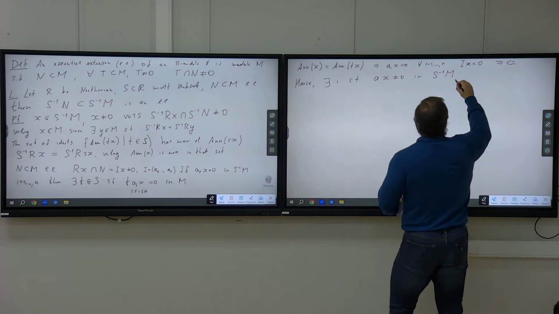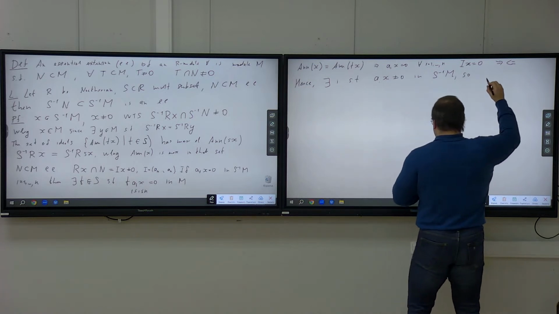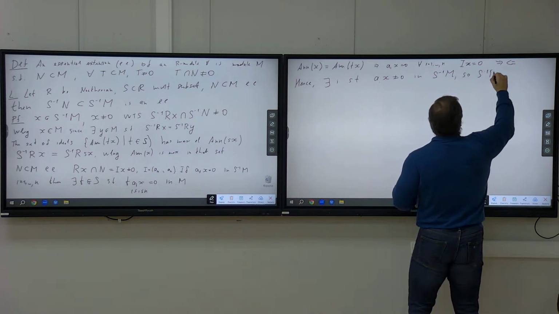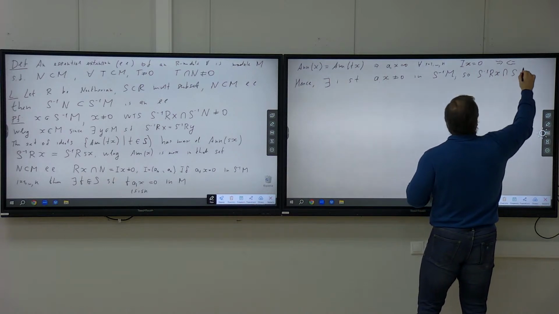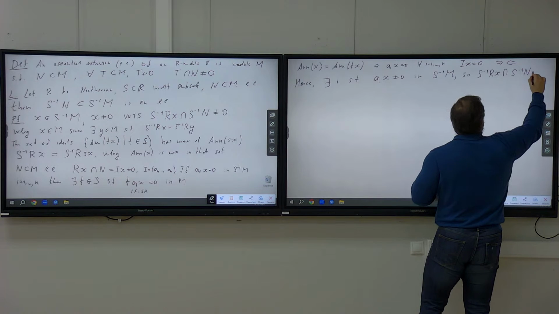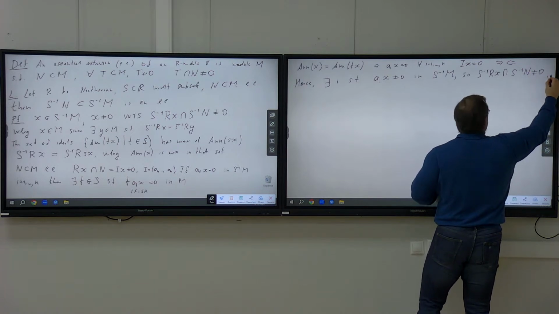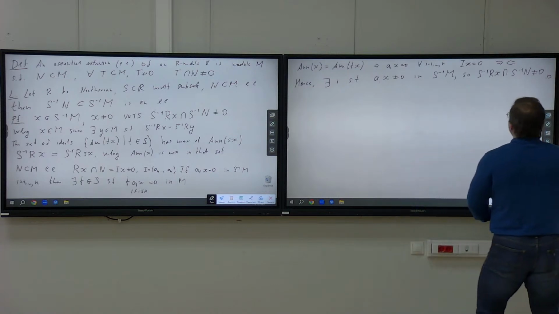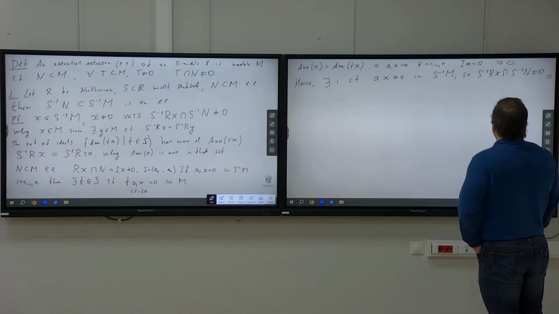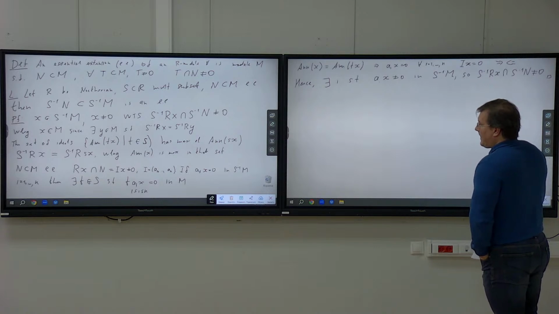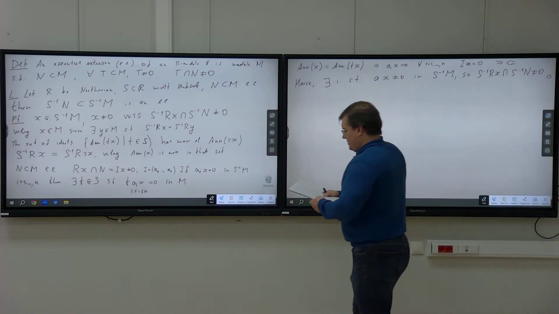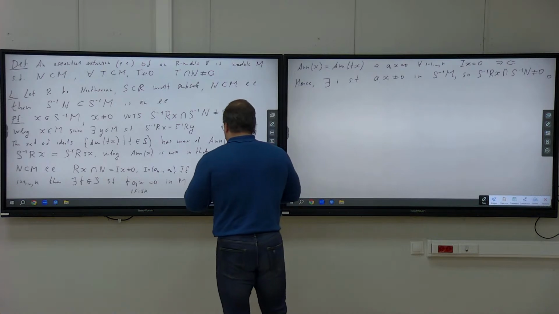And so the intersection of S inverse Rx with S inverse N is not equal to 0. So this is a little lemma.